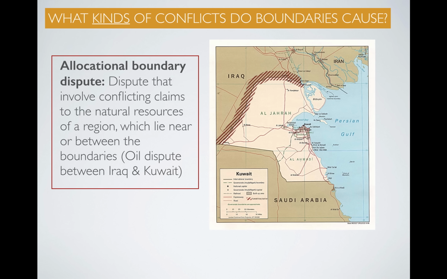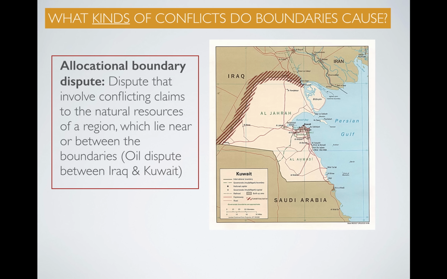Another type of boundary dispute is called an allocational boundary dispute. An allocational boundary dispute is one where there are conflicting claims to the natural resources of a region, which lie near or between the boundaries. This could be complicated because a political boundary is invisible, and the entire concept of a government is that you are seeking to provide for your people.